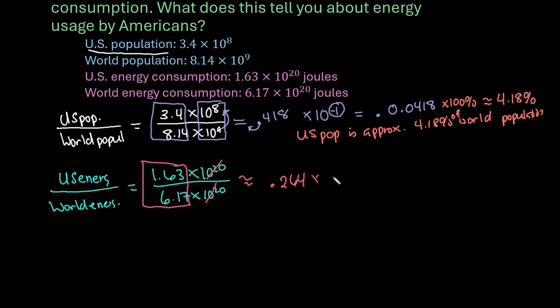We technically have times 10 to the 0, which remember I just talked about was 1. This really is just 1, so it's really 0.264. And if I convert this into a percent, I would multiply this by 100%. So this ends up being 26.4%.